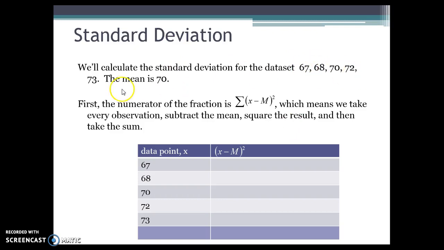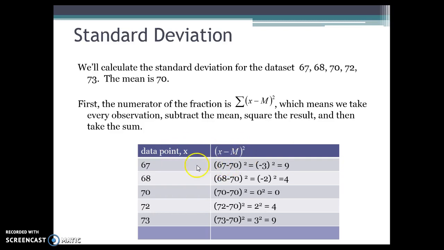So if this is our data set, the one we looked at a minute ago, it's got a mean of 70. So here's what's inside the numerator of the fraction. We've got every observation minus the mean and square the result.